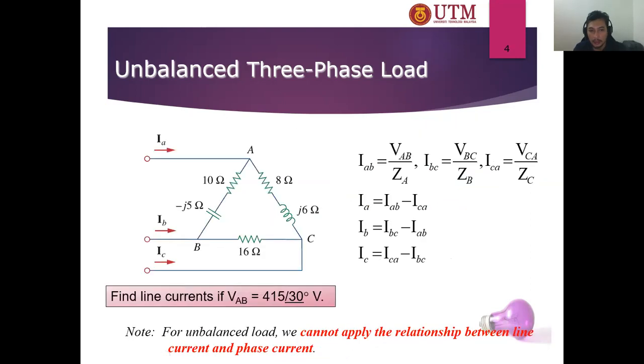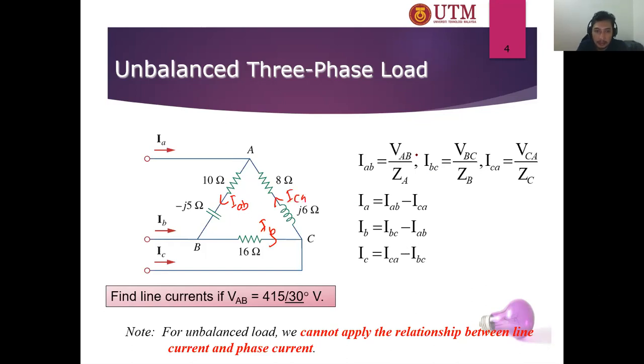Together with the delta, as you can see, when the load is connected in delta and the load is unbalanced, you need to calculate the line current, line voltage, phase current and phase voltage manually by using these equations. For example, IAB is the current that flows from A to B, then IBC, and this one is ICA.